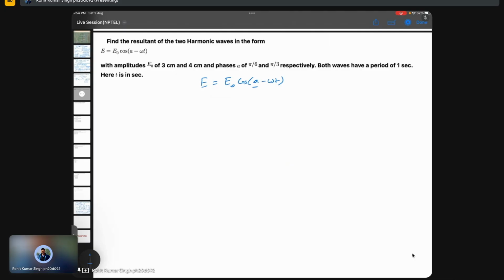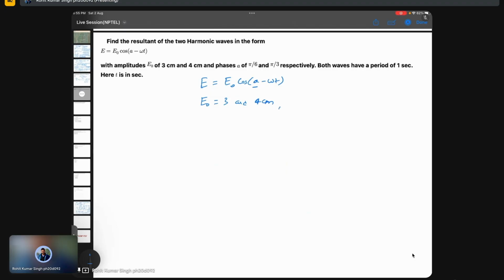This is a resultant or superposed wave of two different waves with amplitudes 3 and 4 centimeter.